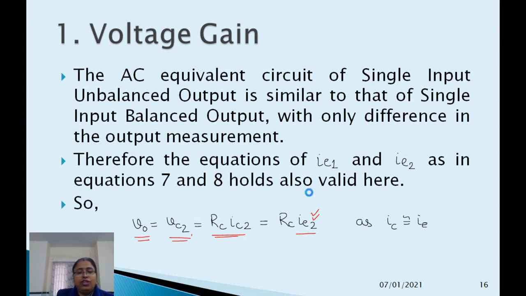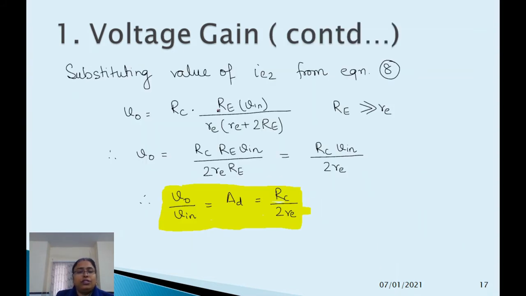So now putting the value of IE2 from equation 8, we can find out the voltage V0. So V0 is equal to RC into, putting the value of IE2 from equation 8, this is this, and generally this capital RE is very much greater than small re, so it is reduced to RE into RC into V in divided by 2 times RE into capital RE, because now this is approximately equal to 2RE.